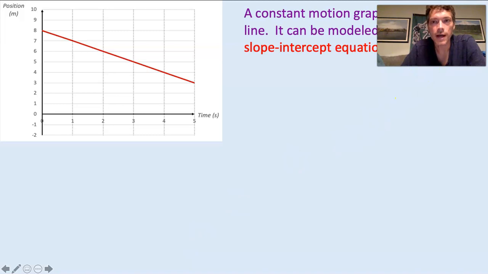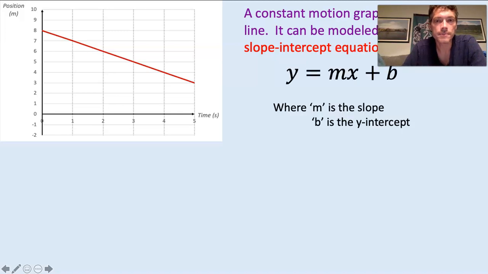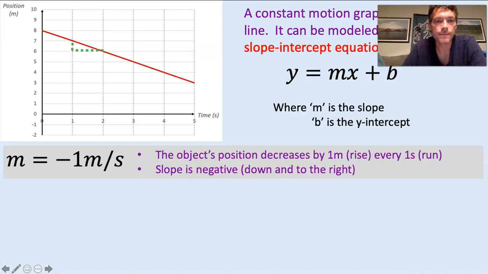And finally, one last graph, linear line, constant motion. We go to the slope-intercept equation. This function is moving down and to the right, so it's a negative slope. So we go from 7 to 6 meters. So a rise of -1 and a run of +1 gives you a -1 slope.